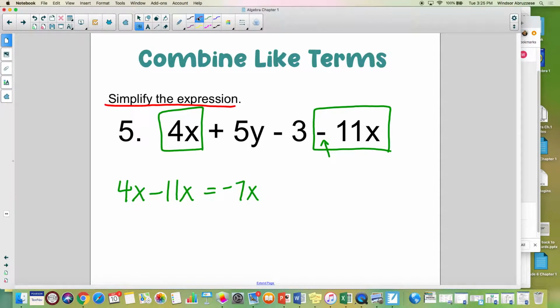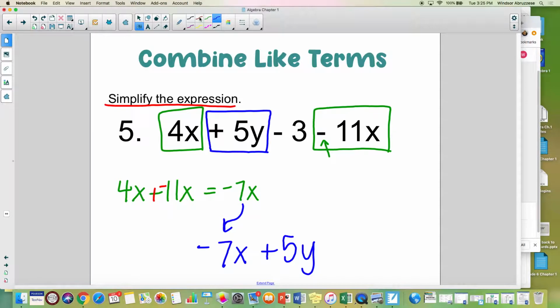Some of us like the keep, change, opposite method, which would still give you negative 7x because they are equivalent. Next, I have a positive 5y, who doesn't have any other y friends with him, so you just tack him onto the end. So I'm going to rewrite this as negative 7x plus my 5y.